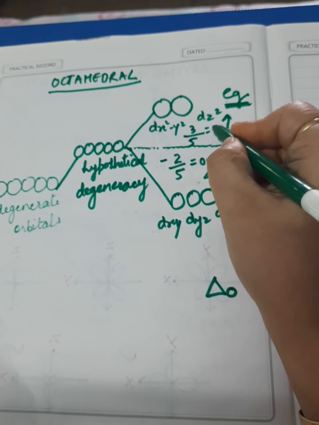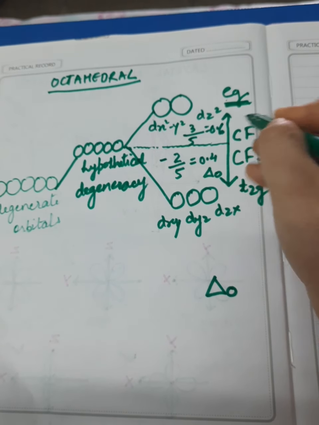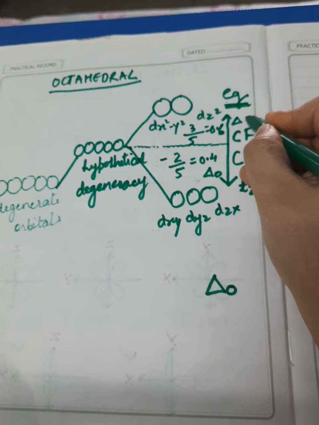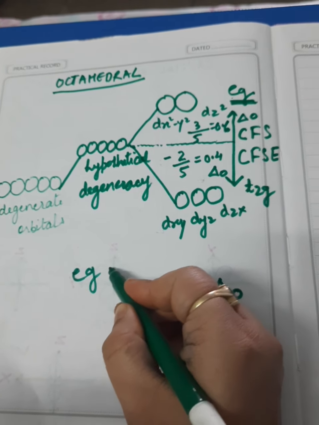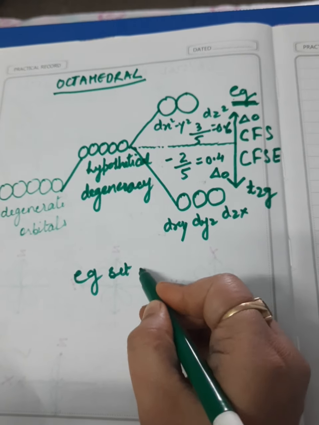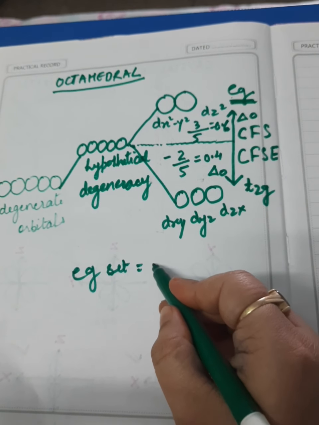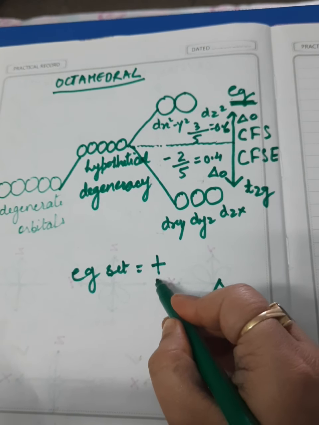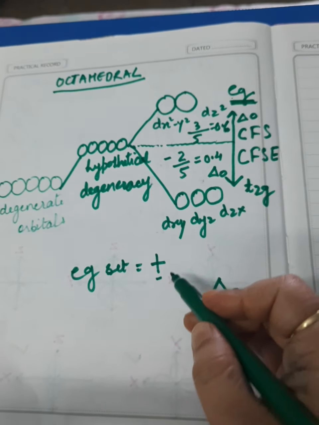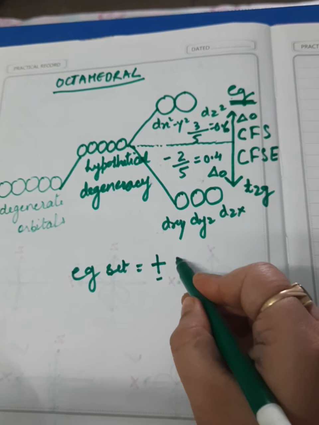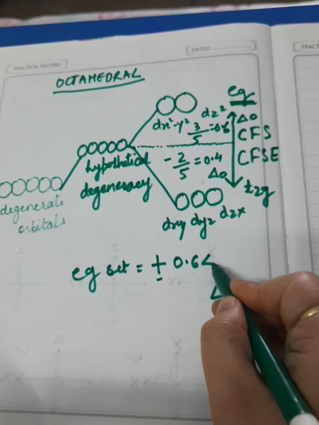The value comes to 0.6 delta naught. So, dear students, the EG set of orbitals have more energy. Plus stands for a rise in energy, more than the hypothetical degeneracy, and the value is 0.6 delta naught.